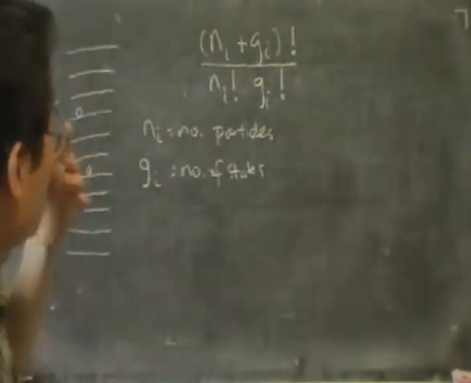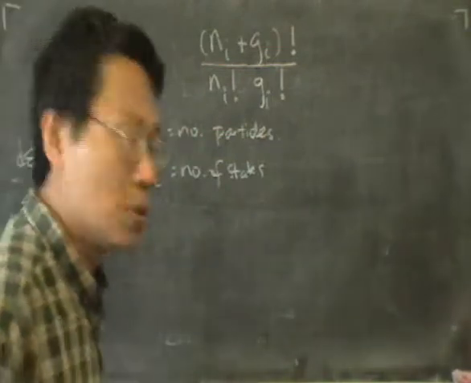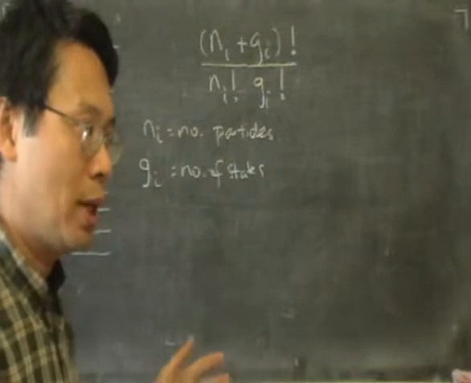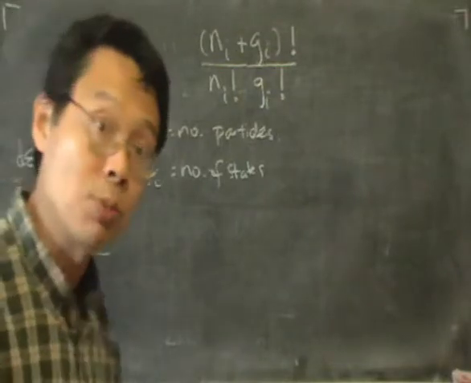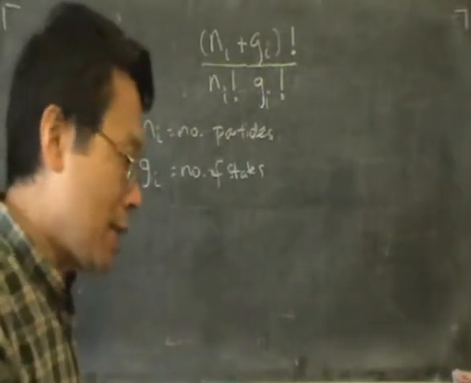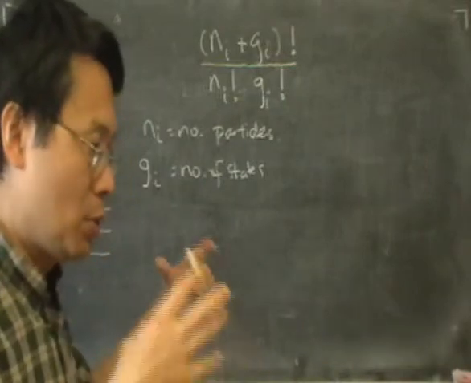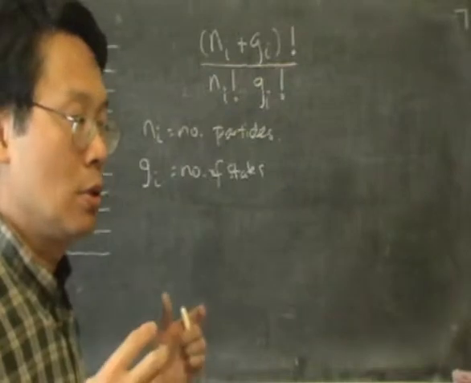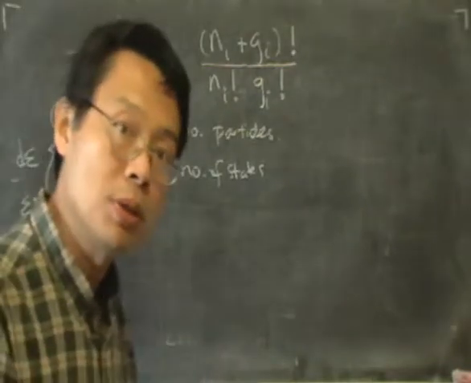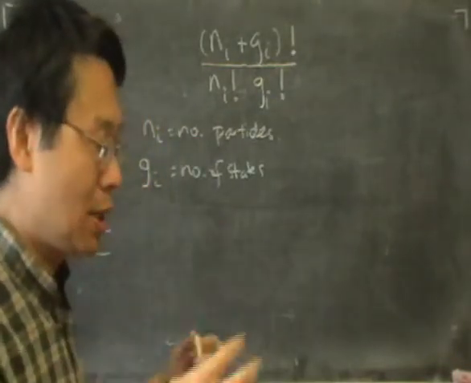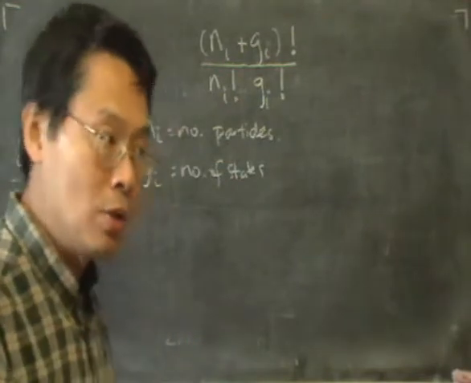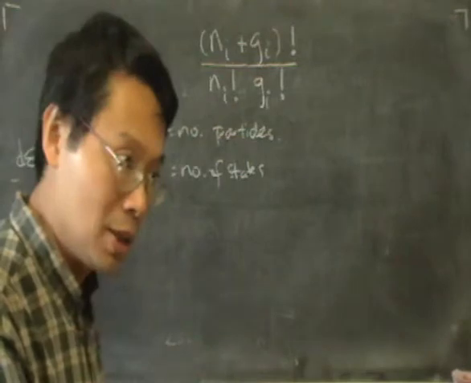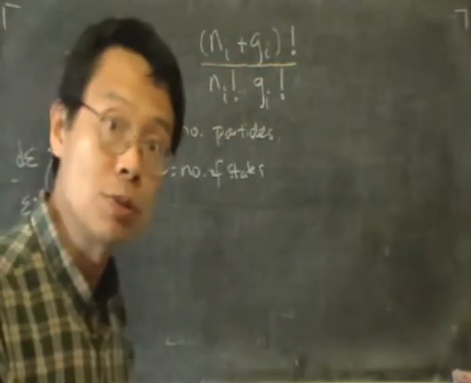Now notice that this expression is different from what we used when we derived the Boltzmann distribution. In that case, we have particles which are in a solid. So those are distinguishable particles, because since they are embedded in a solid, we can tell one particle from another just by their location.